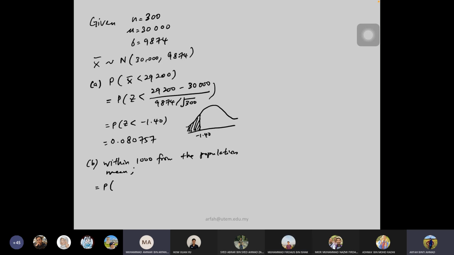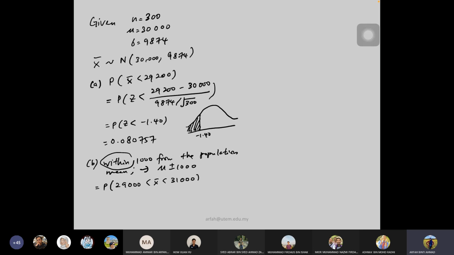Within means between, that is, mu plus minus 1,000. The word within is there, so it will be X bar between 29,000 and 31,000.